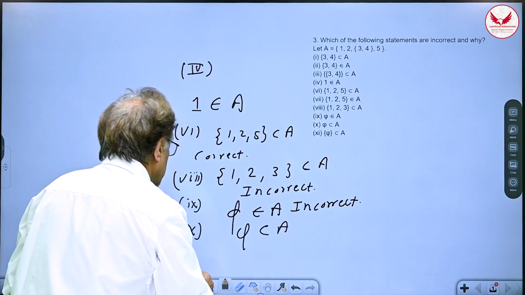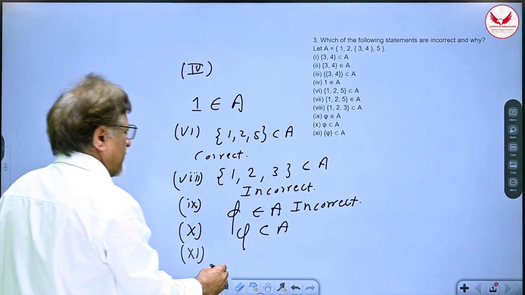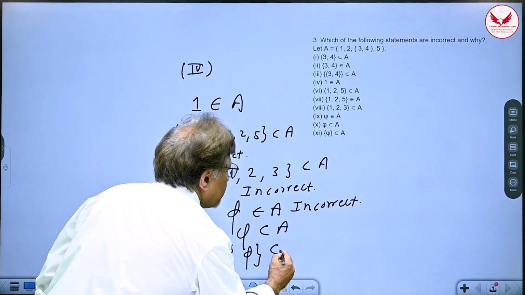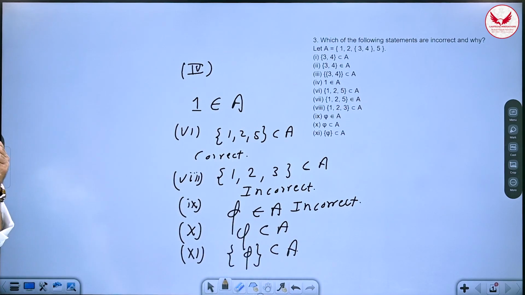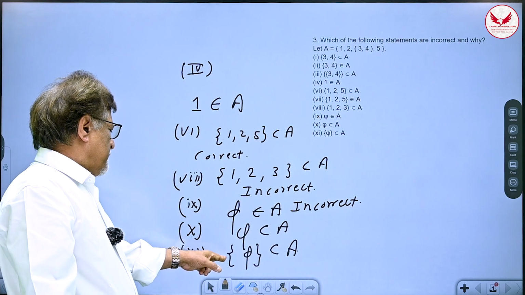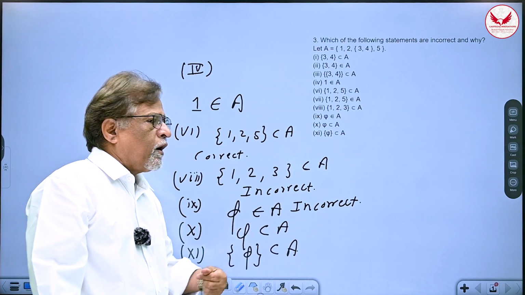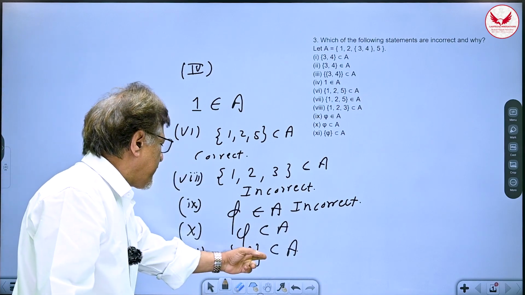Okay. Now the next statement is again, look at it carefully. It says that this {phi} is a subset of A. Now remember one thing, that this is a set and this set contains an element called empty set. Now here empty set, this is not an empty set.